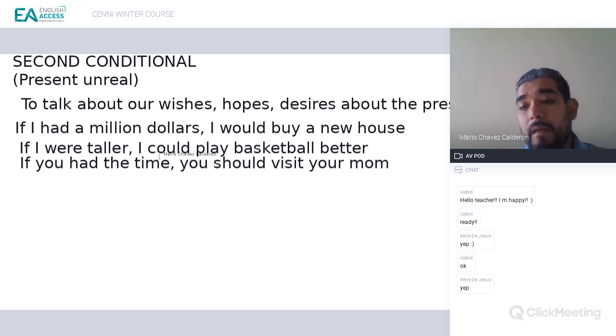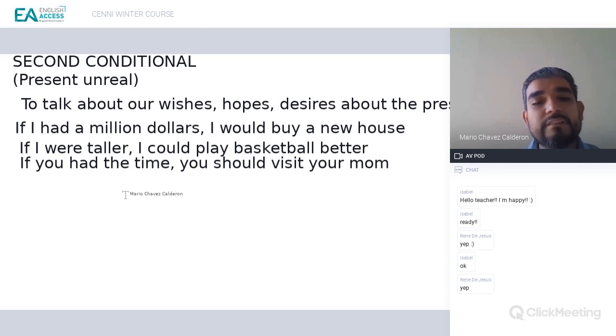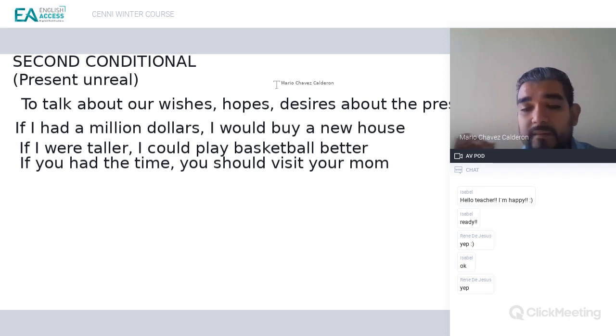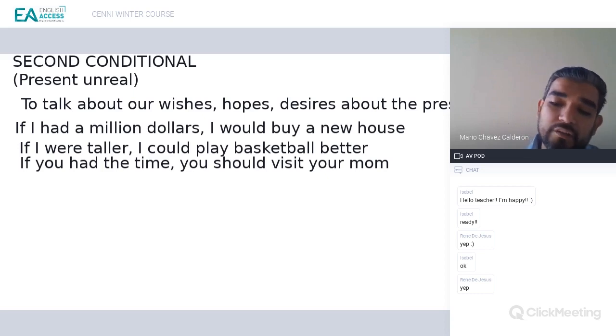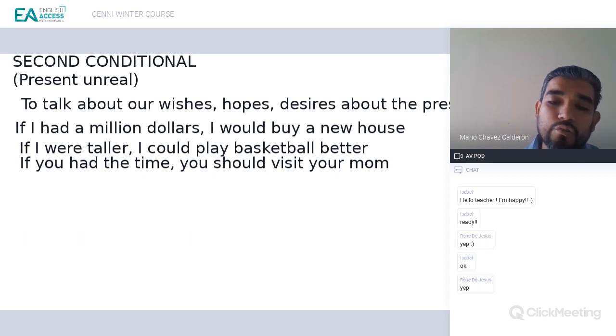I can use may also: if you had time, you may visit your mom. Okay? So I use the past simple with the if clause, and I use a modal there with the condition. Usually we use would or could. Most frequently is would, but sometimes we can use also could, should, or may. Okay? This is the second conditional, present unreal.